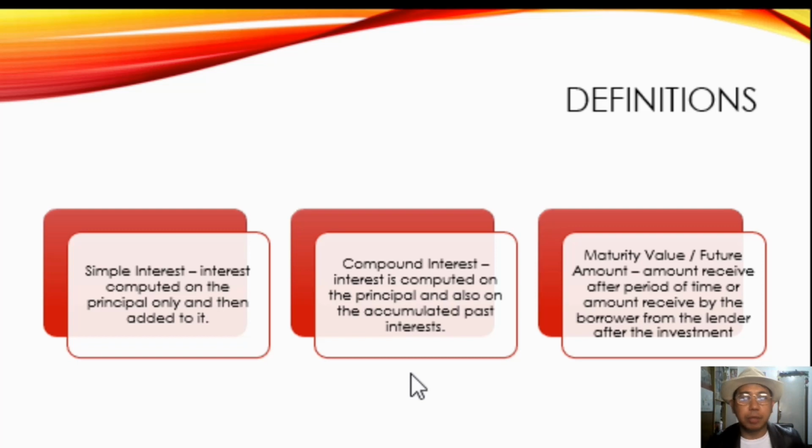The interest will be 1,100 multiplied by 10%. So to solve for that, you multiply 1,100 multiplied by 10%. Okay? So the result would be 110 pesos.